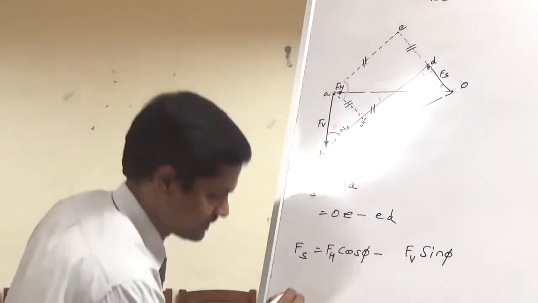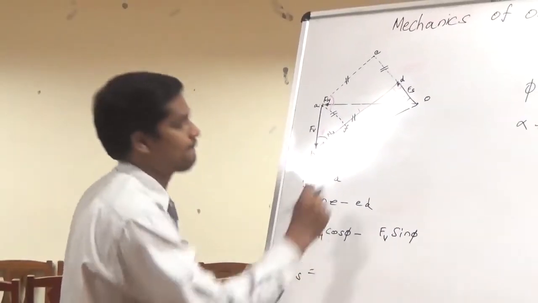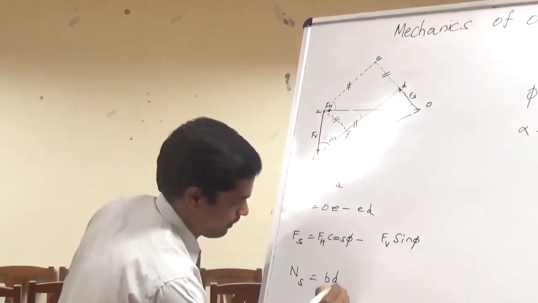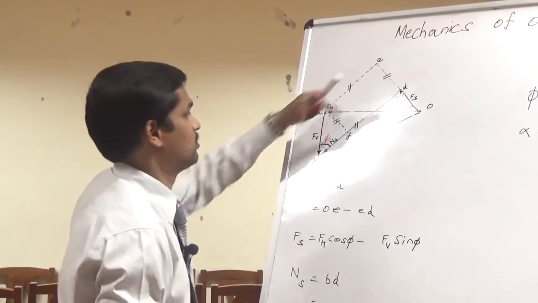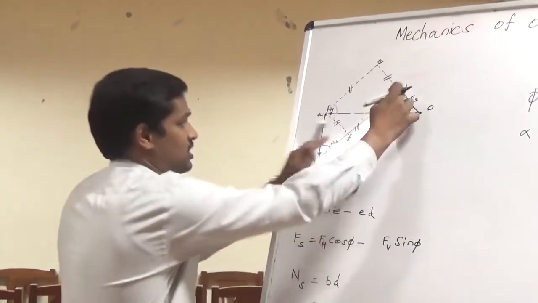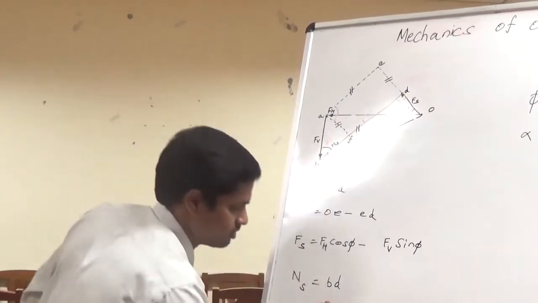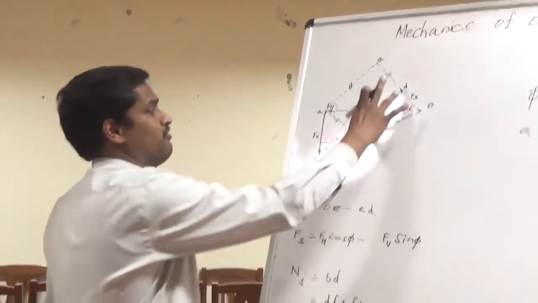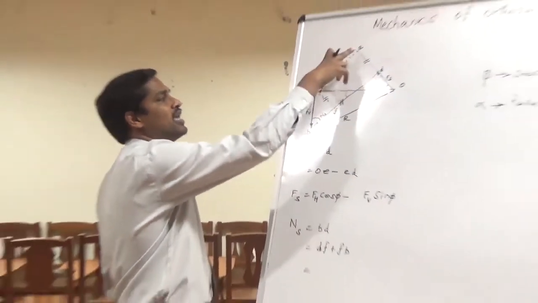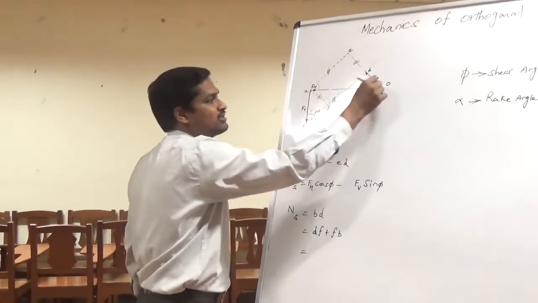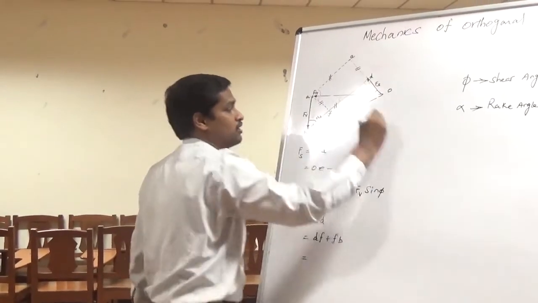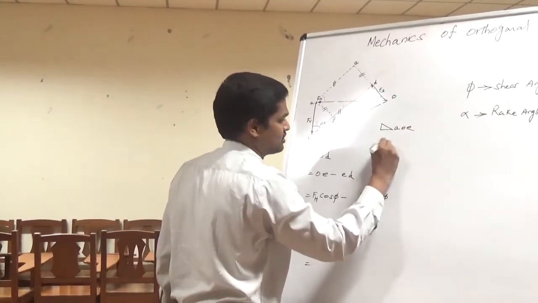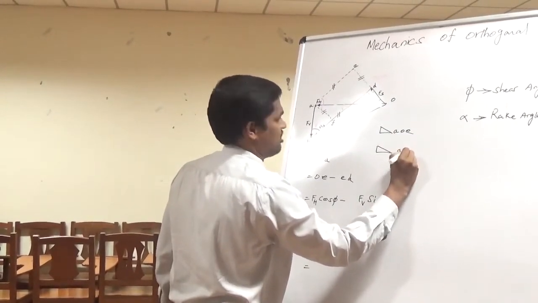Similarly for Ns, Ns is this entire length BD, which is nothing but DF plus FB. For DF, DF is equal to AE. For AE, we can take this triangle AOE. So we have two triangles, AOE, and another triangle AFB.